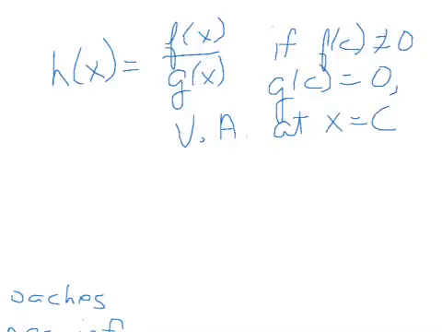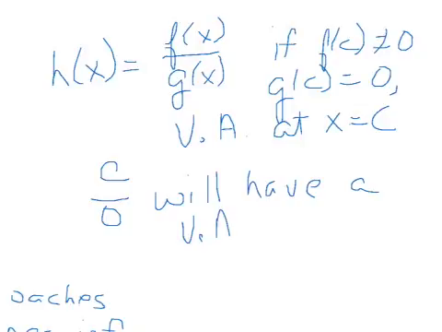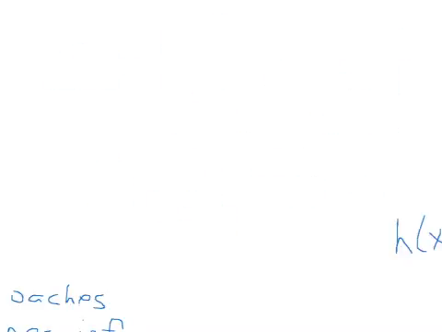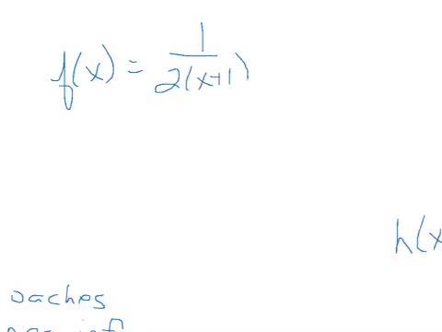This requires that we get a number for the numerator. So any time that we end up with a constant over 0, we are going to have a vertical asymptote. We have f of x equals 1 over 2 times x plus 1.